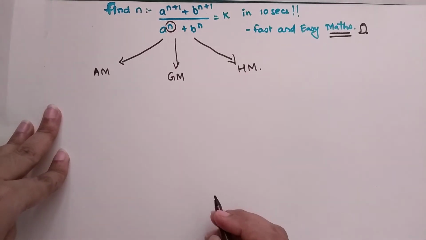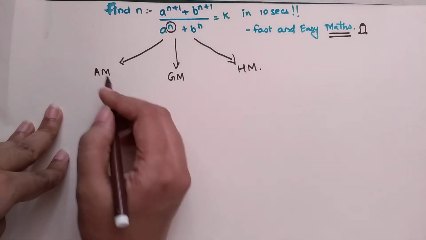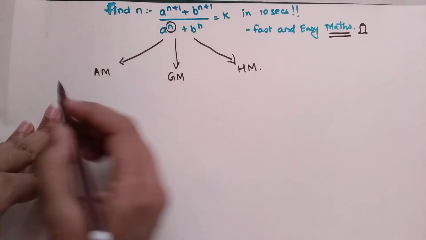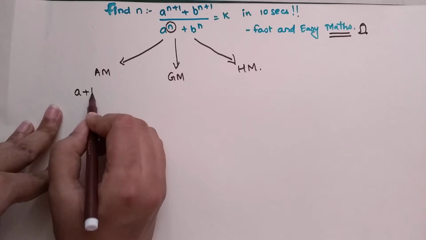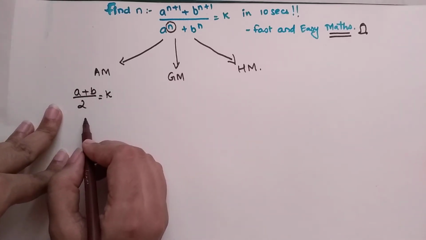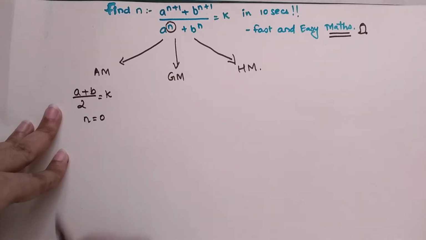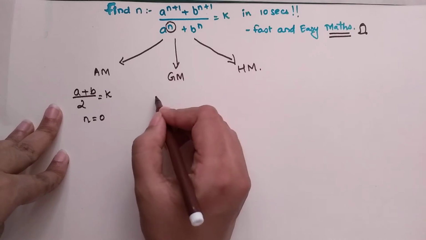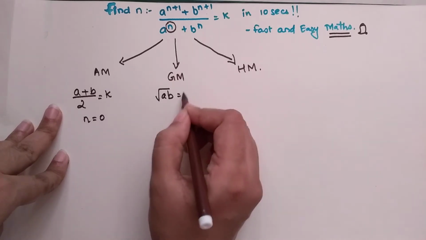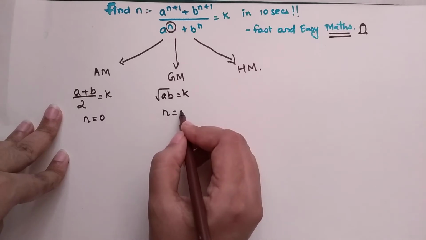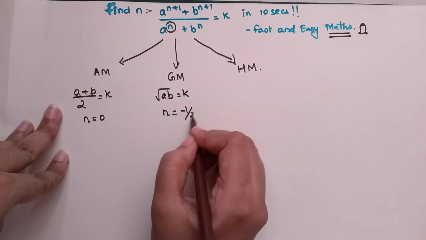Meaning, if (a plus b) upon 2, that is the arithmetic mean, gives you the value of k, then your value of n is directly 0. And if the geometric mean of a and b, that is root of ab, is equal to k, then you can directly say that n is equal to minus half.